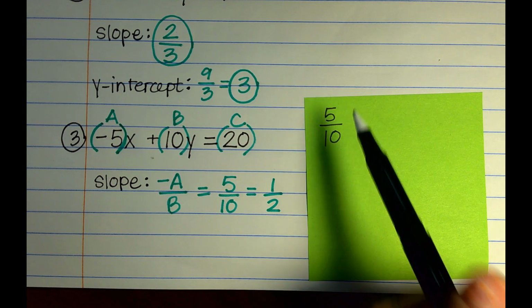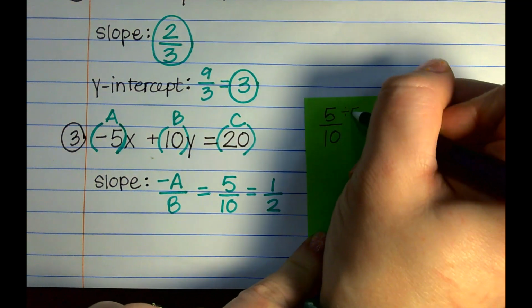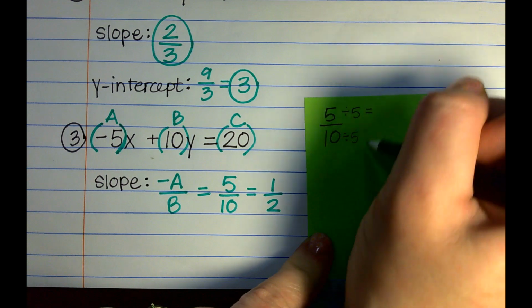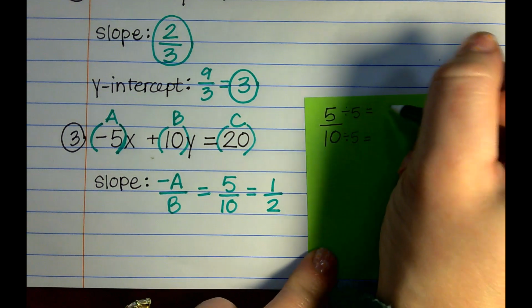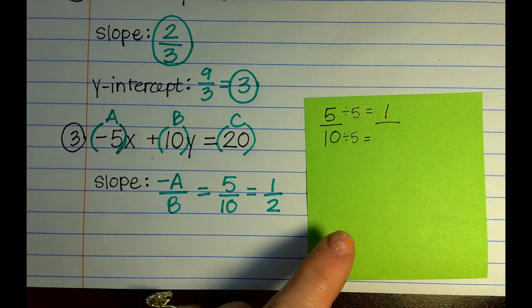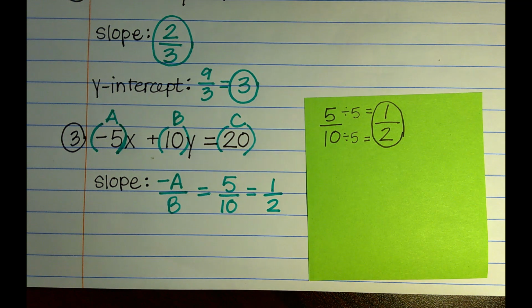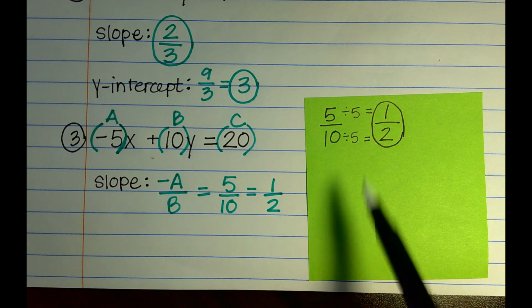No. What about 5? Yes. So let's do 5 divided by 5 and 10 divided by 5. What's 5 divided by 5? 1. What's 10 divided by 5? 2. And that's how we get 1/2. You do want to simplify. Always try and simplify.